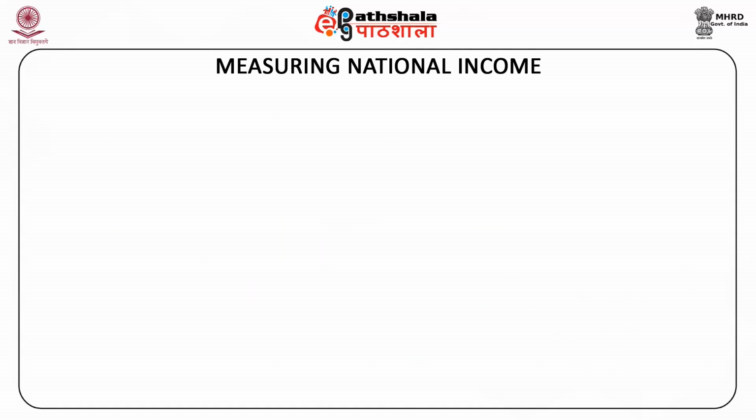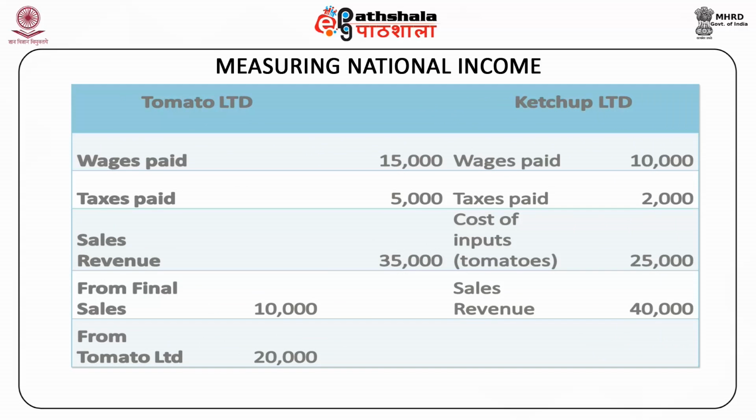Let us now try to understand these three methods by working through an example. This example will demonstrate how the three methods would arrive at the same value of national income. Suppose in an economy there are two firms, Tomato Limited and Ketchup Limited.